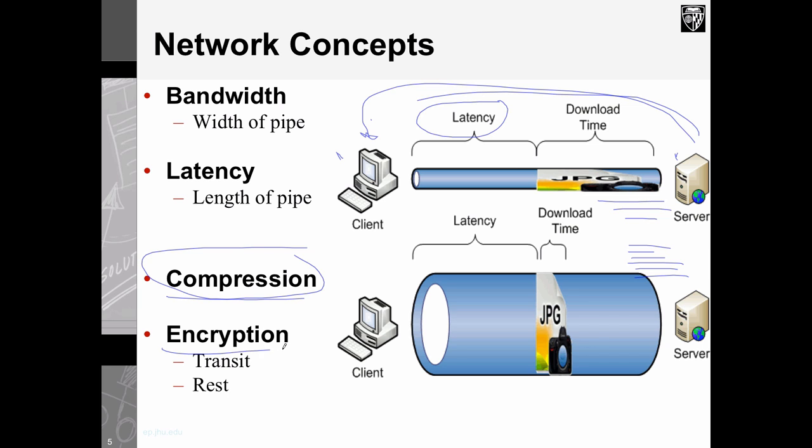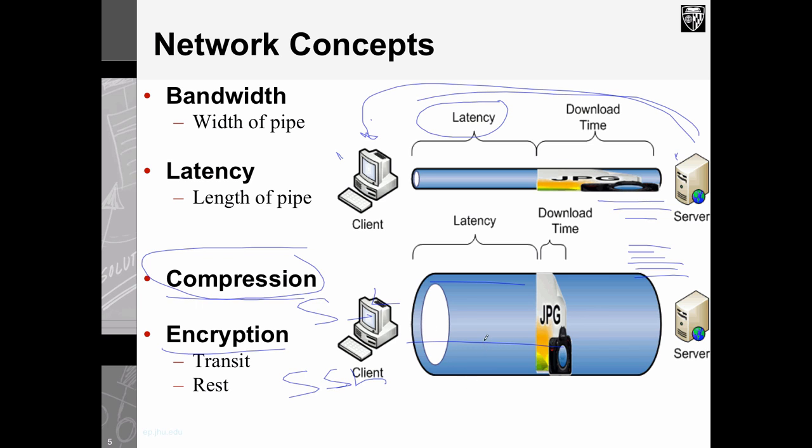The last concept we want to talk about before we leave this page is encryption. Most communication in modern times is encrypted over this tunnel, this communication channel that goes between the client and server, and we use protocols like SSL or services like SSH to establish a secure channel or secure communication between the client and server.